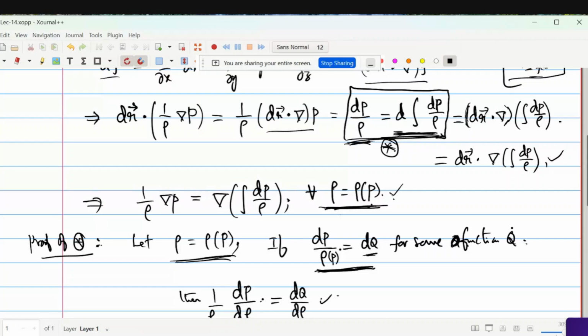Now I'm replacing 1 by rho grad p with the gradient of that integral dp by rho.